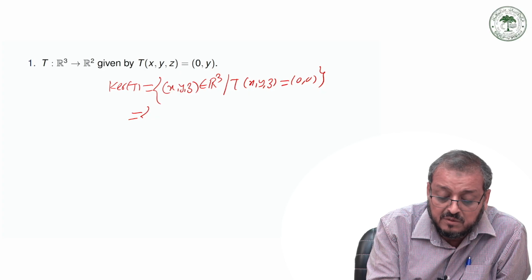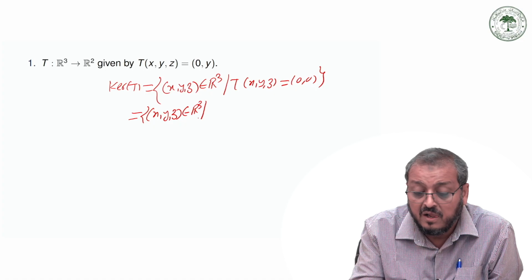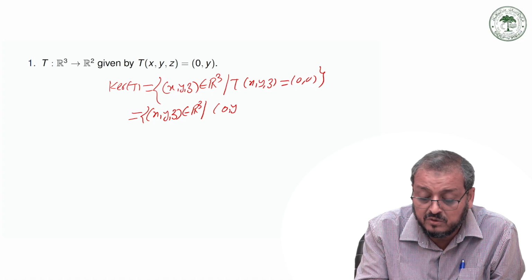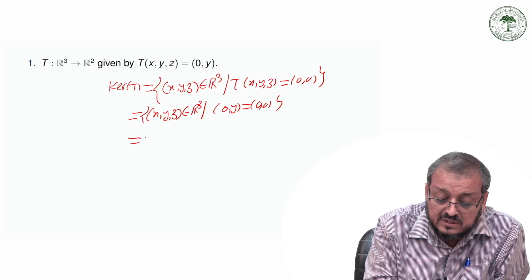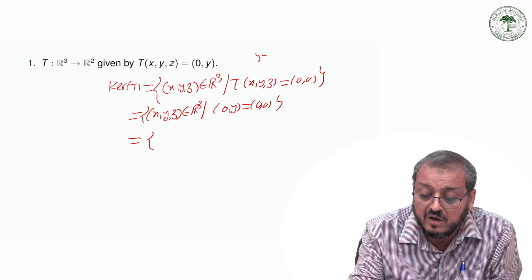This is the set of x, y, z in R3 such that 0, y is equal to 0, 0, because we have to simplify this. So y is equal to 0.